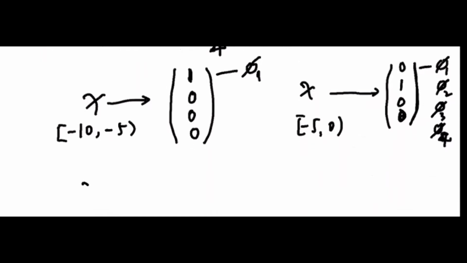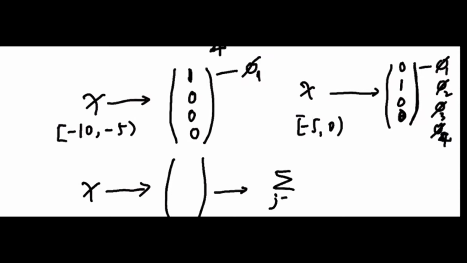After X is mapped to a 4-entry vector, the vector will be input to the function h(x), which is the sum over j equals 1 to 4 of wj phi_j of x.